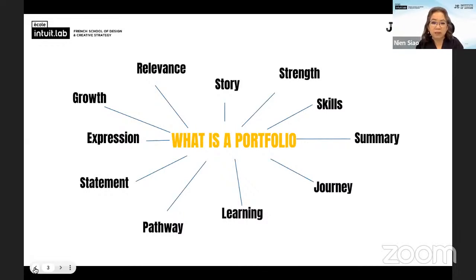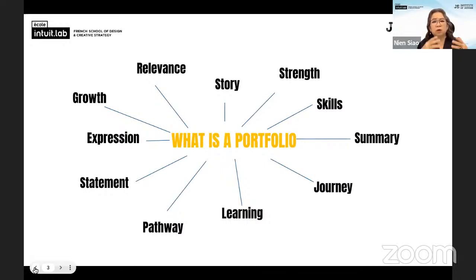Also, your typical pathways. You are interested in some areas. Make sure it's a path you are showing, or a strong statement. If you are very passionate about something, or very sentimental about some areas, please show it, and show it in the way that you see it. It doesn't have to be over dramatic. It doesn't have to be very subtle.